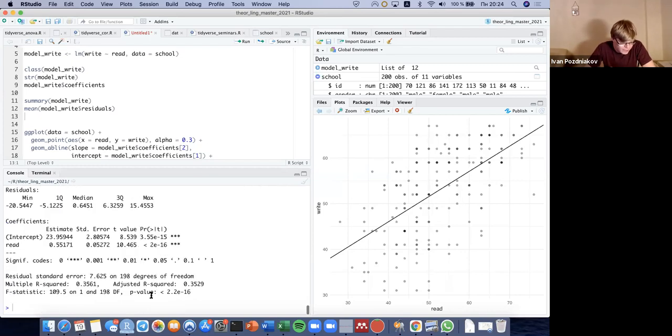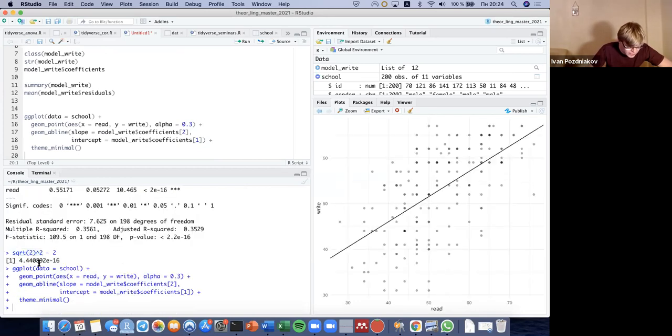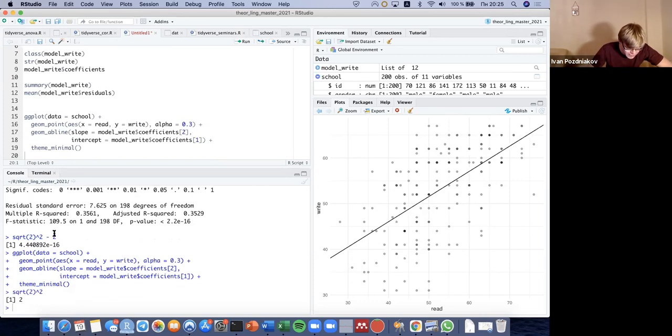So, for example, I think the square root of 2 squared minus 2, something like that, right? This one is 2, and this one is 2 too, right? You do something minus something, and you will expect to have 0, right?